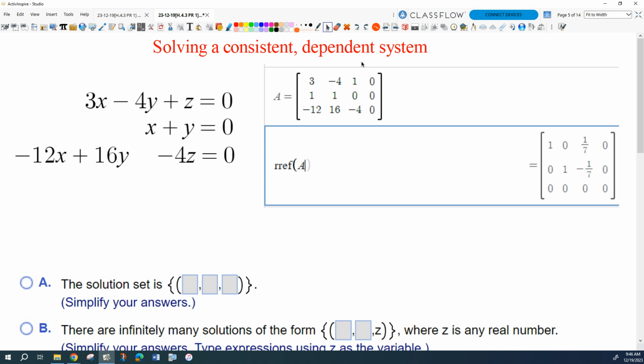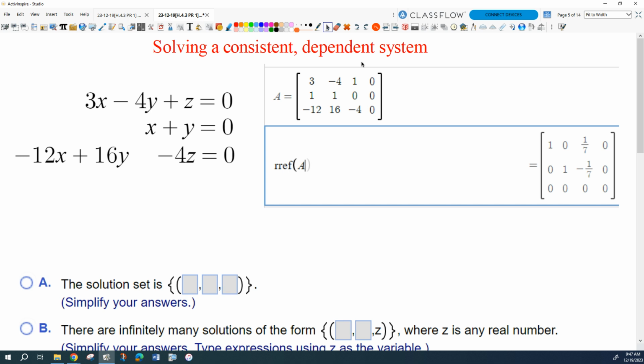So you found that, right? The convert to fraction button, you can use it with matrices too. Very handy. That's it, yeah. And if anything's off on your matrix, obviously it's going to ruin the answer.